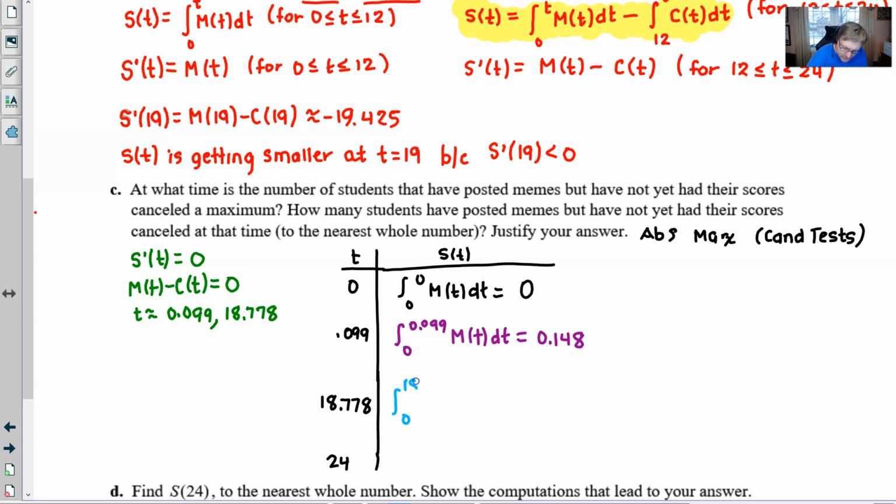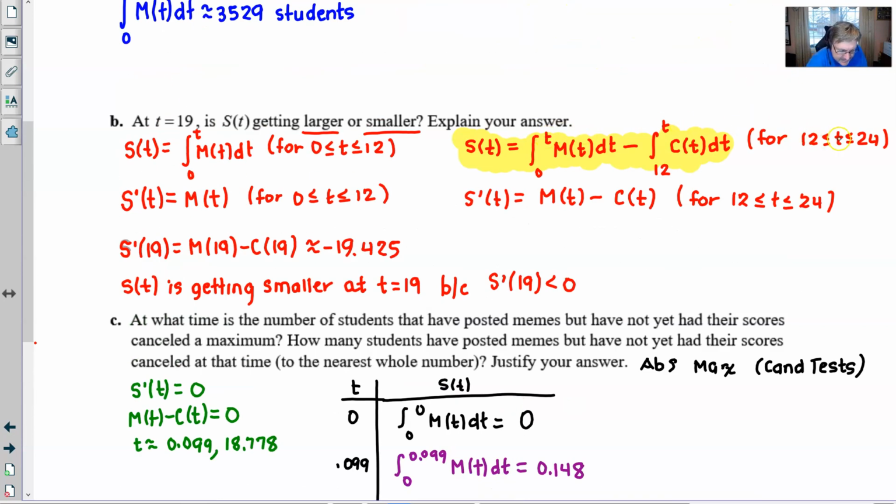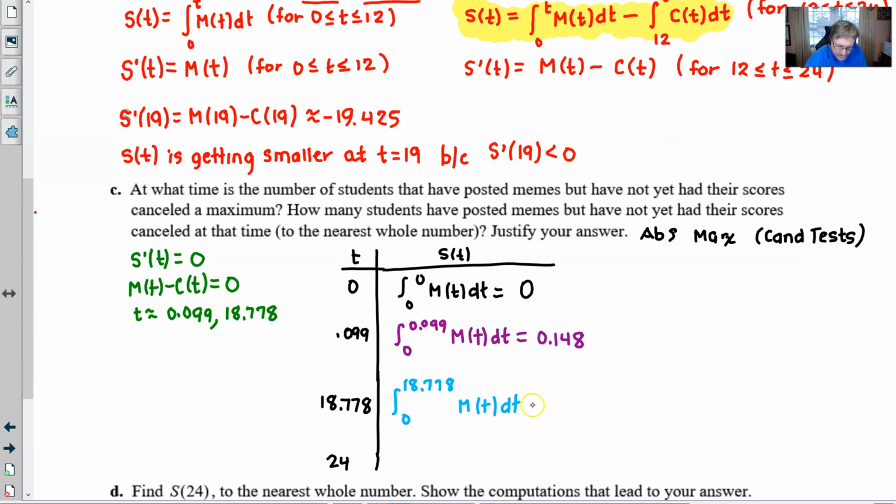Well, you're going to go ahead and compute your 0 to 18.778 of m of t, but because this 18.778 is larger than 12, you now have to account for the total number of students whose scores have been canceled. And so you have to integrate the c of t between those boundaries.